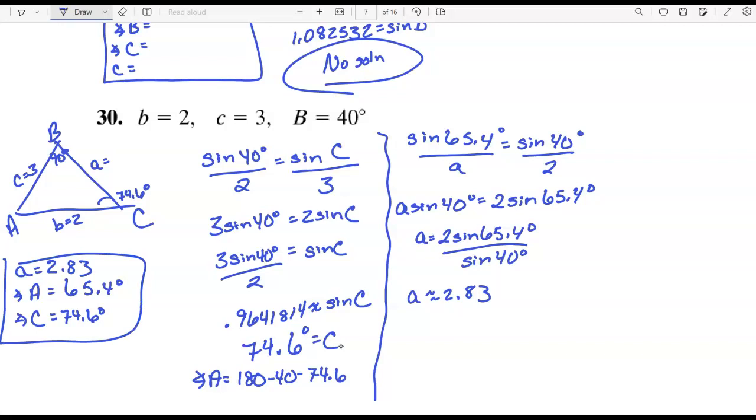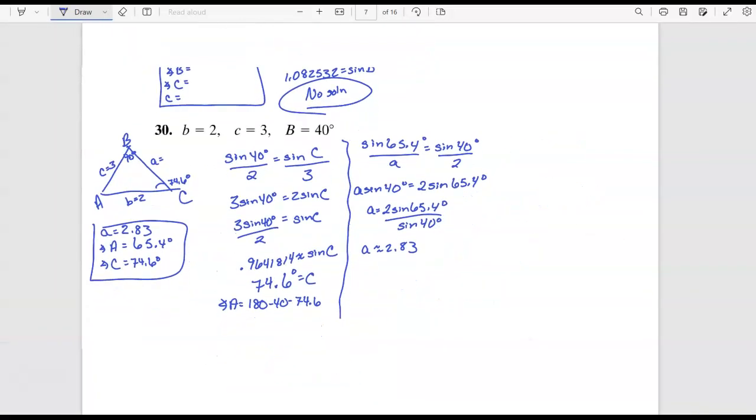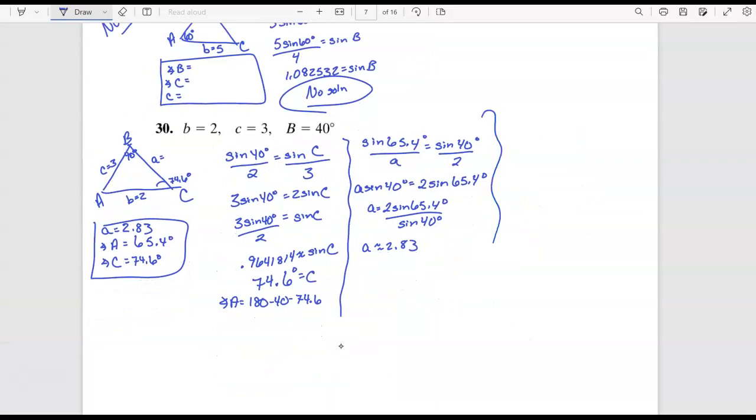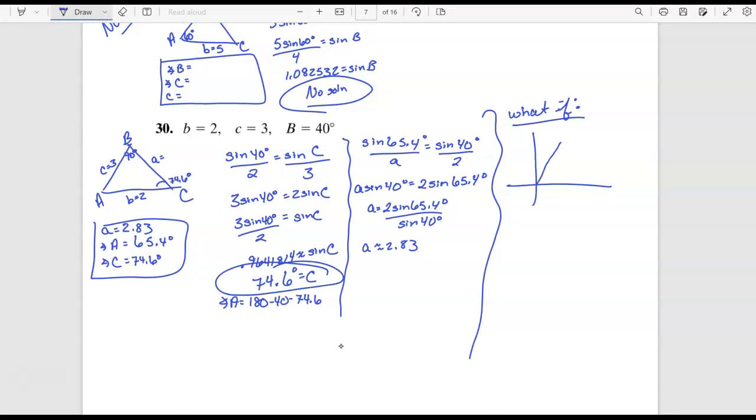But remember, we got to do that what if scenario, right? Okay, let's think about what we did. Because we did this arc sine here, we got this to be 74.6 degrees. So what if it would have been something over here?